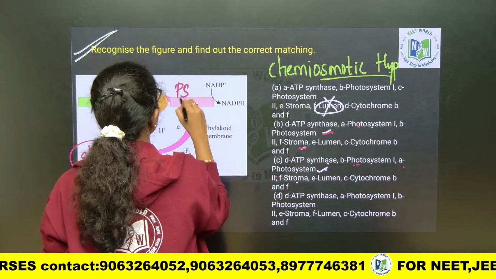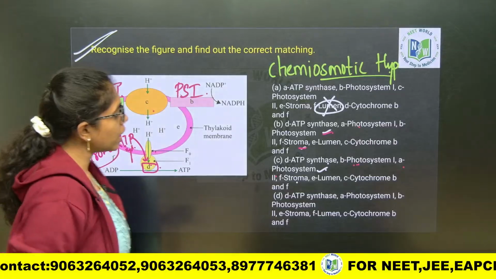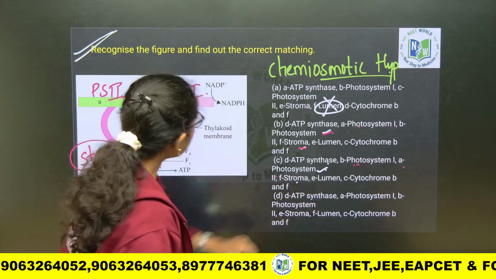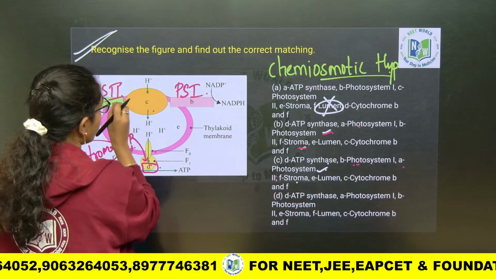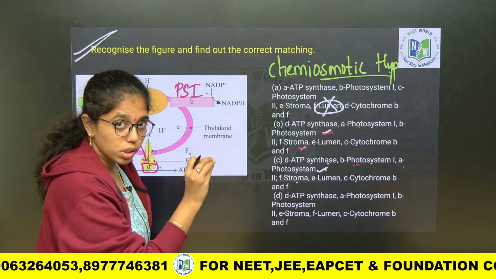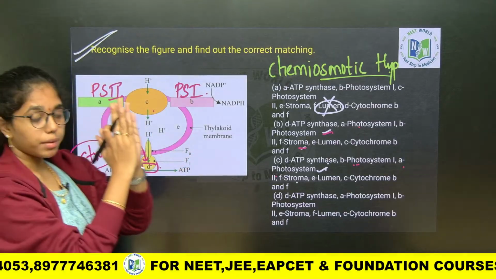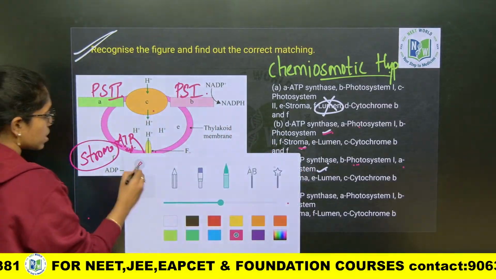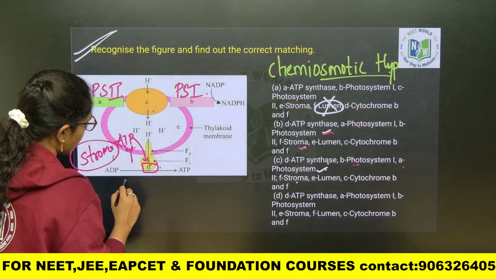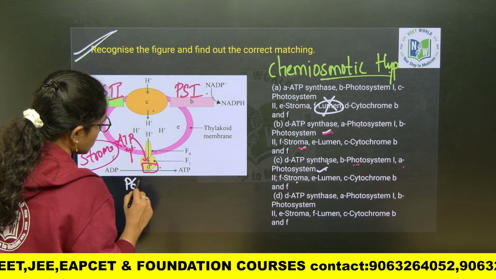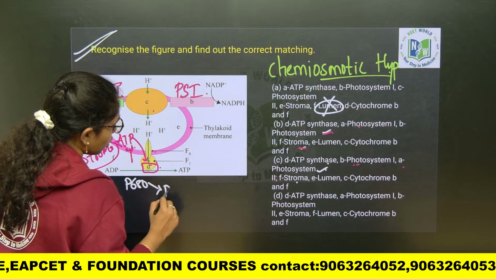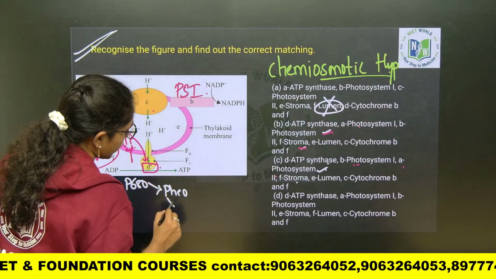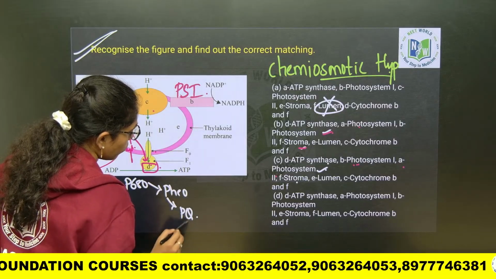And C, if you see, this is inside photosystem 2, after excitation of the electron in the ETS. Just recall the electron carriers from the reaction center P680. The primary electron acceptor is pheophytin. After that it is plastoquinone.